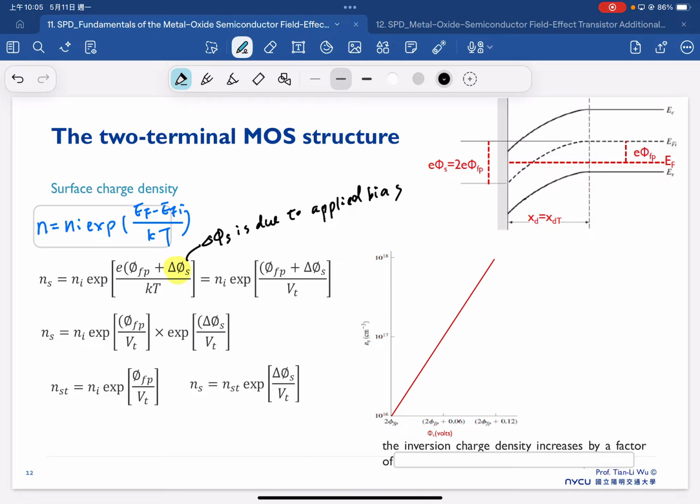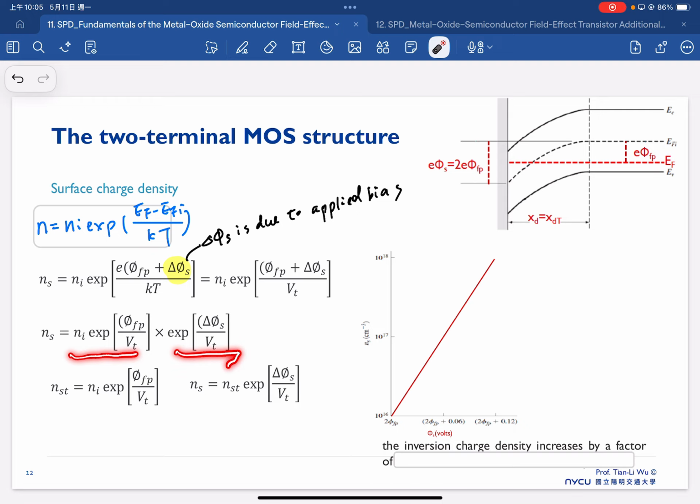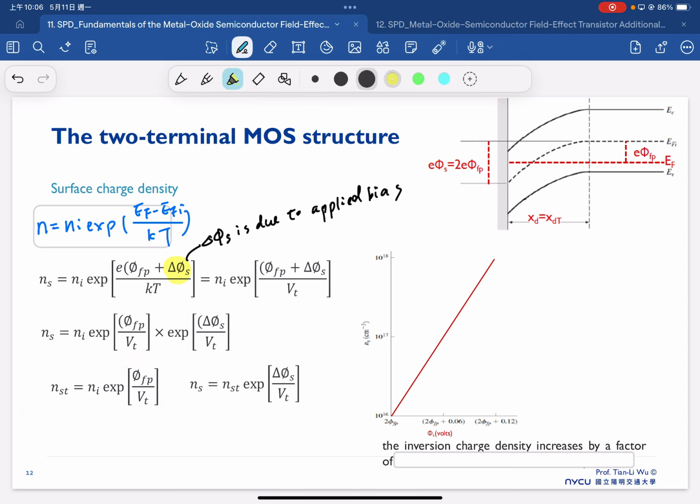Once we have this equation, we can divide this into two independent terms as shown here versus here. And if we define one of them as a constant, we have the result Ns is equal to Nst exponential delta phi S over Vt.